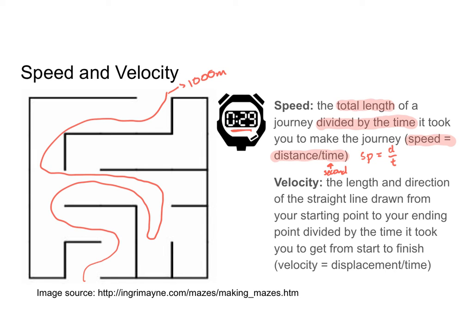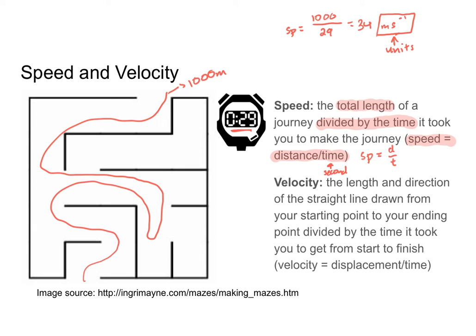Then to calculate my speed, I would say speed is equal to 1,000 divided by 29, or 34 meters per second. And this unit here, meters times second to the -1, this is my unit for speed.